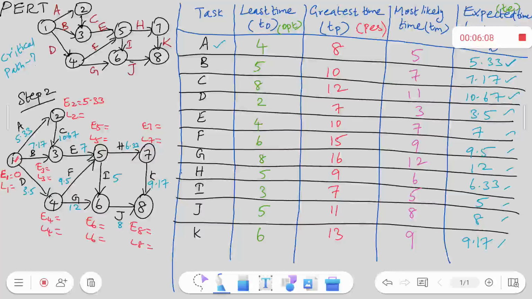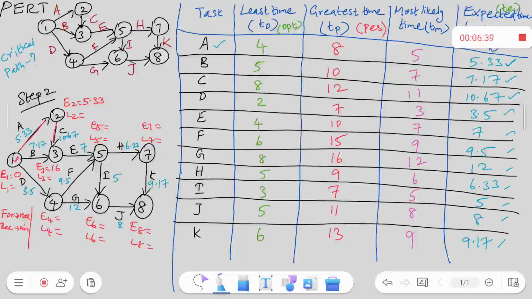There is one more way to reach 3, where you go from 1 to 2, then come to 3. From 1 to 2 it is 5.33, from 2 to 3 it is 10.67, so put together it is 16. When I go in the forward direction, I take the maximum time involved. When you go in the backward direction, you take the minimum time involved.